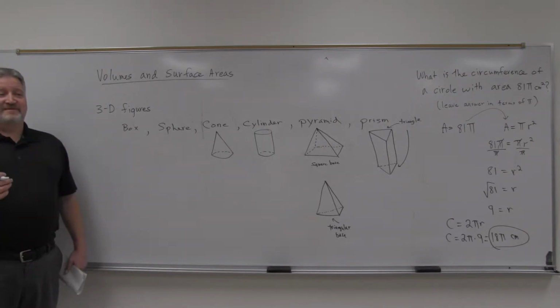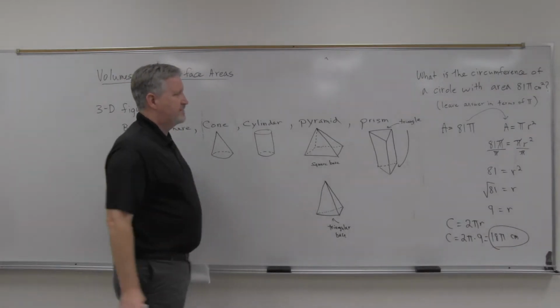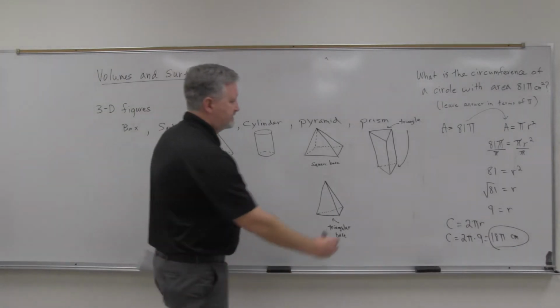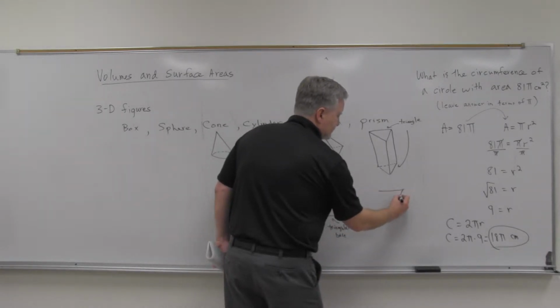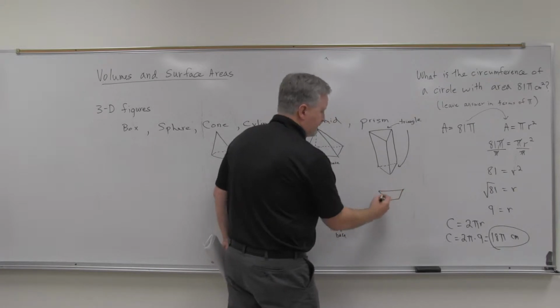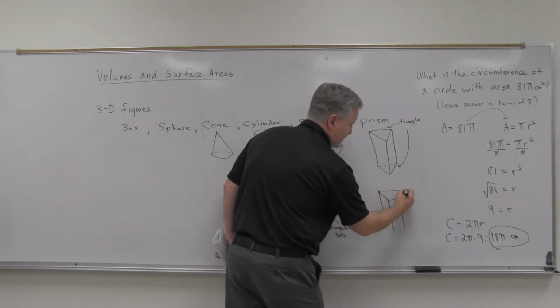But the same thing can happen on a prism as it does with a pyramid. They can be any type of polygon, because like here, we could have that be our top, and so the bottom is congruent to that.